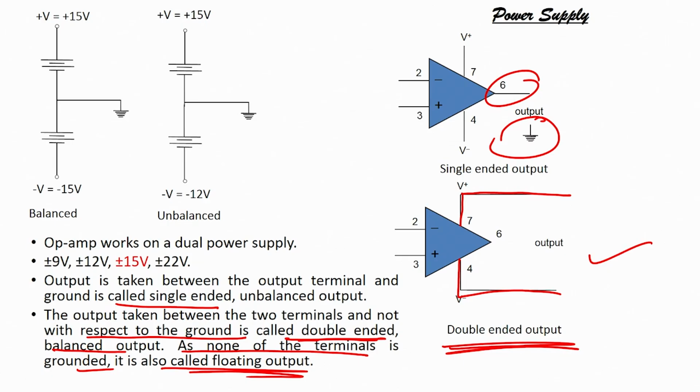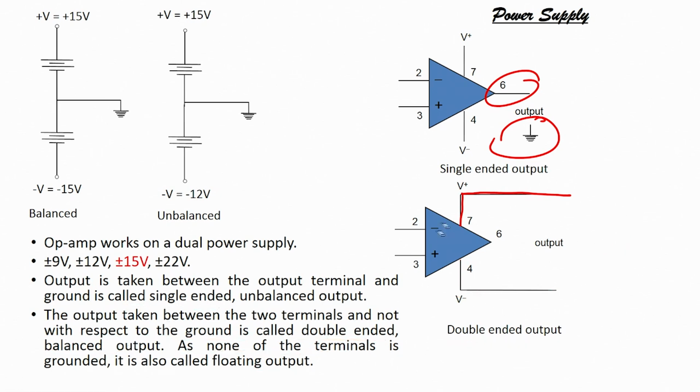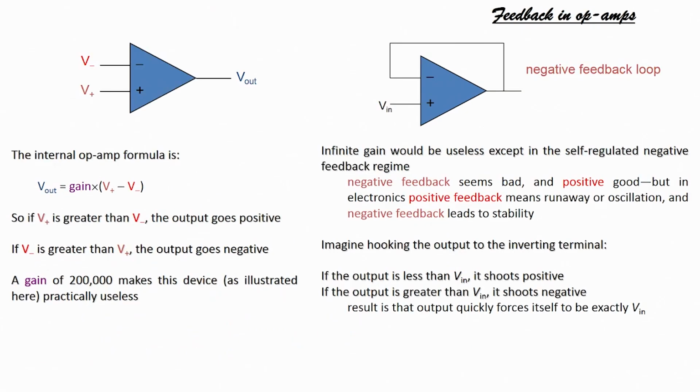Okay. So, this is what we have understood about the op amp's power supply and op amp outputs, how they are taken, either single ended or double ended, and whether we are applying a balanced power supply or an unbalanced power supply. Okay. If I go to the next section, that will be the feedback in op amps.